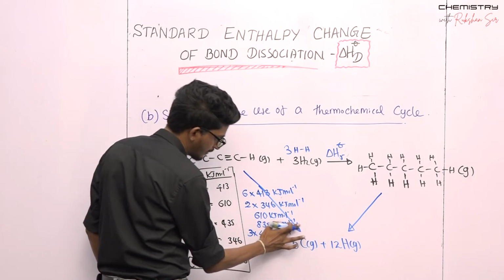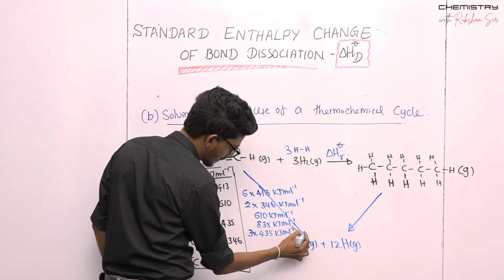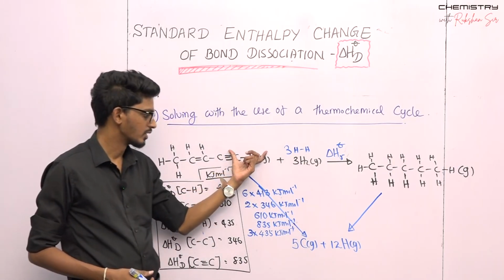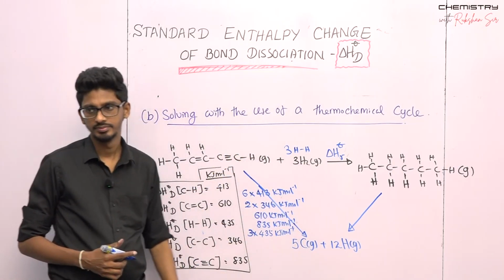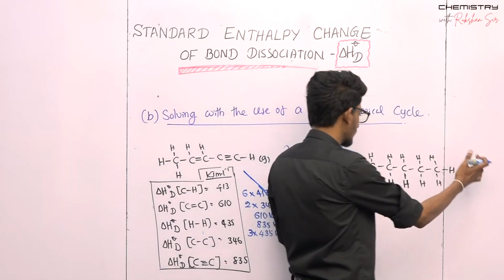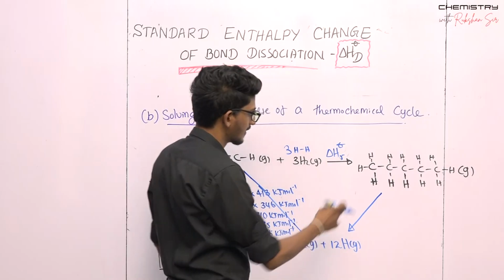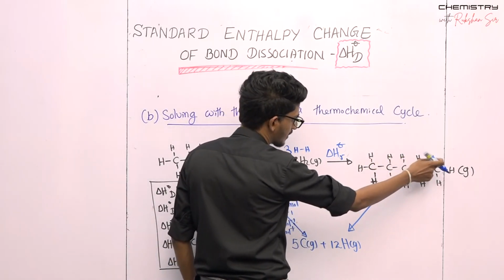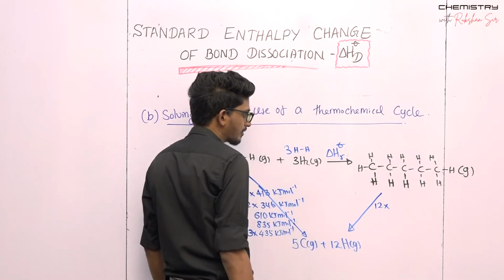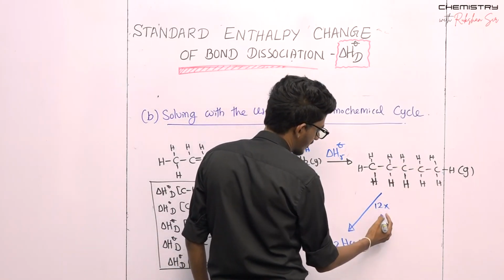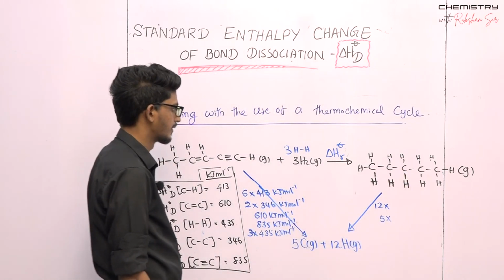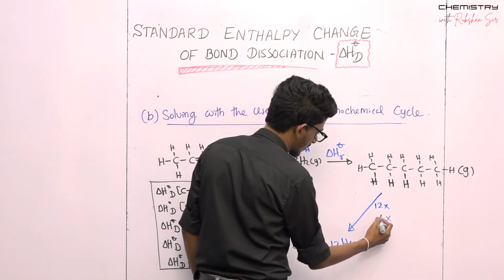If you apply all of this energy change, this state of the system will totally convert to this form, right? What about this side? To convert this state of the system totally to here, you need to break 1, 2, 3, 4, 5, 6, 7, 8, 9, 10, 12 CH bonds and 4 CC bonds.